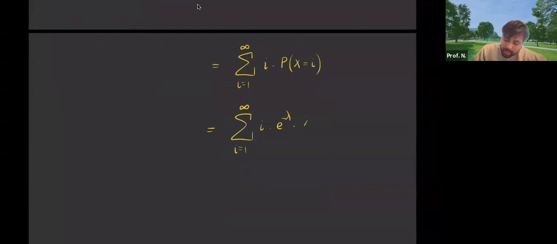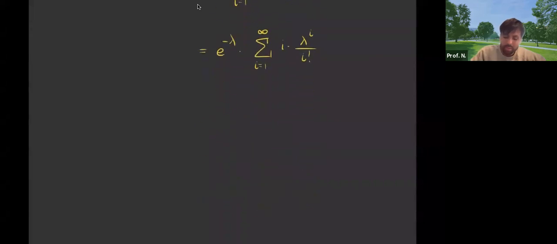E to the negative lambda of lambda to the ith power over I factorial. E to the negative lambda is a constant. You can take the e to the negative lambda out times the summation of I times lambda to the ith power over I factorial. Does anybody see what we can do now?